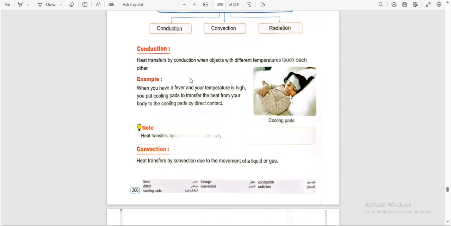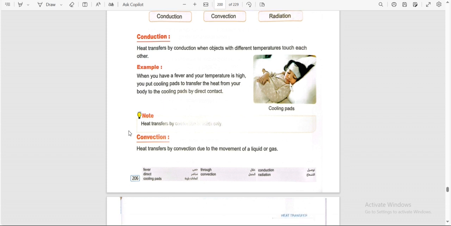So this is heat transfer by conduction. The heat transfers from your body to the pad because it moves from a hotter object to the colder object. And this happens for solids only. So conduction takes place in solids only, and it needs contact or touching.